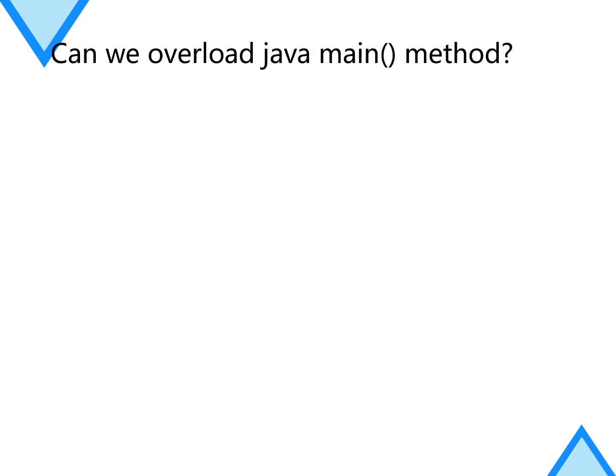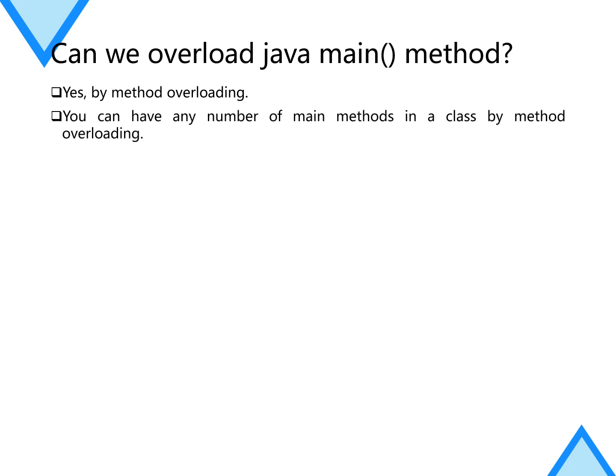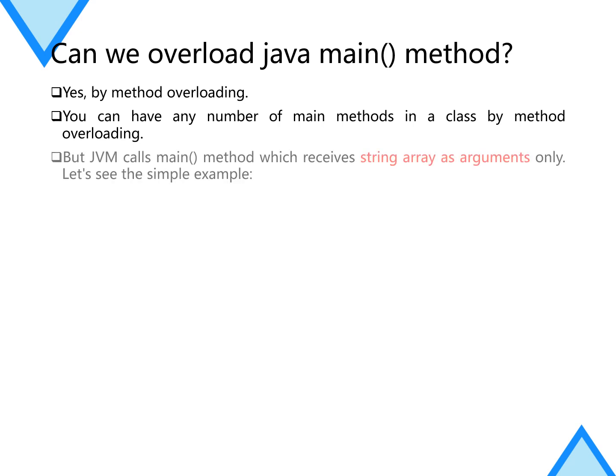Can we overload the Java main method? Here we have another question regarding overloading the main method. The answer is yes, we can overload the main method. You can have any number of main methods in a class by method overloading.